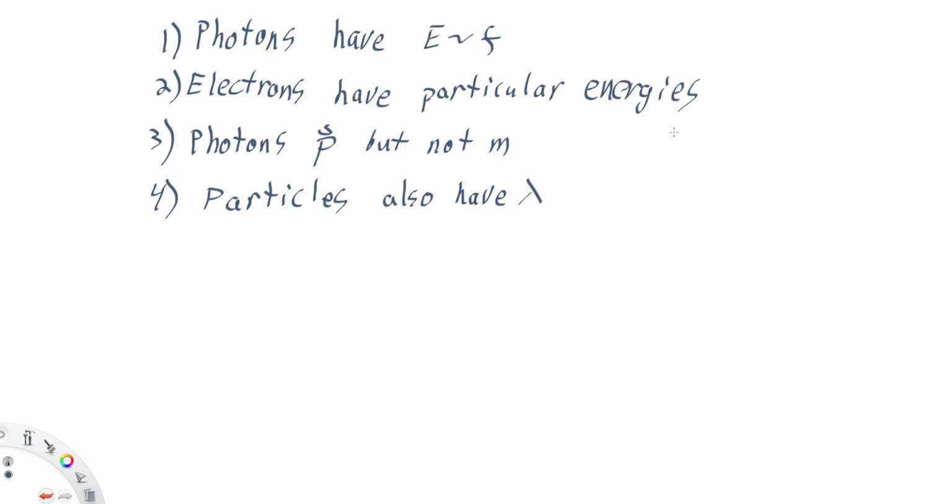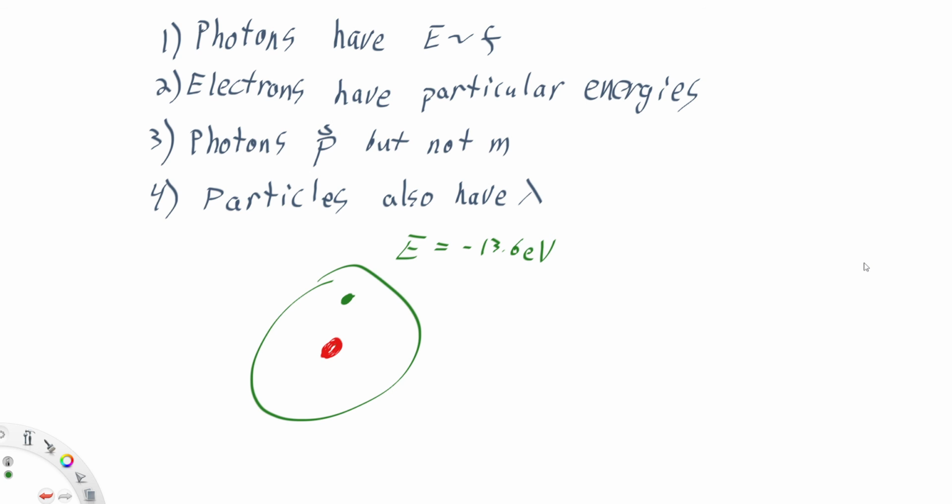So like in the ground state of hydrogen, right? There's one proton and one electron. And the energy of this system is equal to minus 13.6 electron volts.